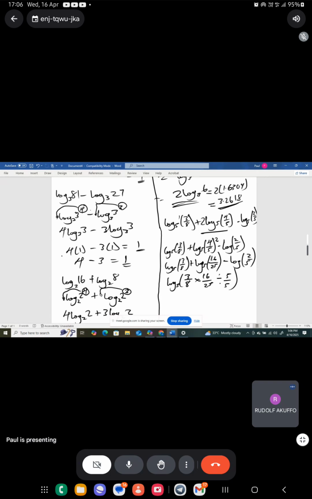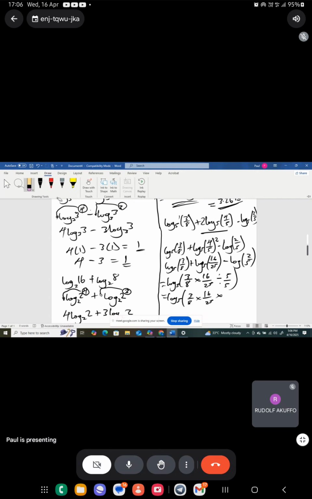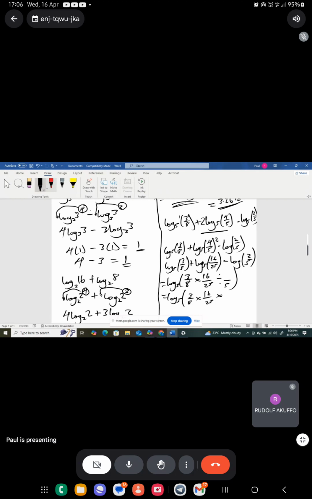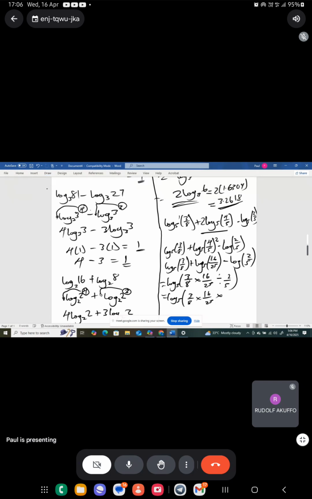Yes, please. Good. So we get log base 5. When we change division to multiplication, we get 3 over 8 times 16 over 25 times, this is 2 over 5, not 5 over 2, so it becomes 5 over 2.